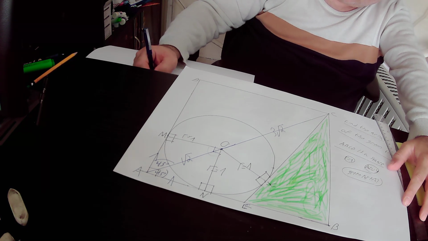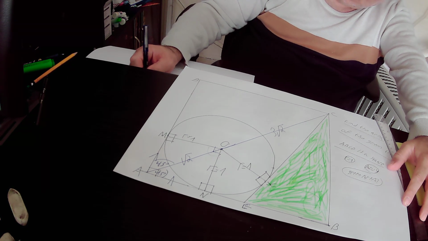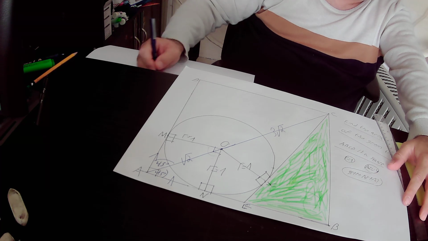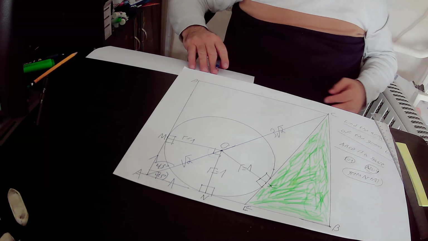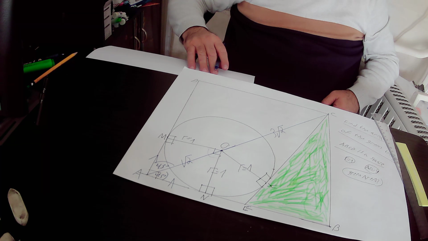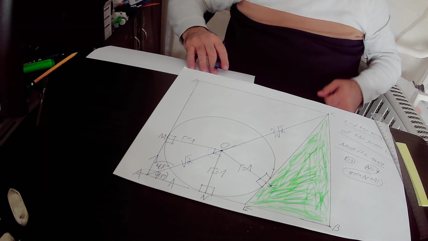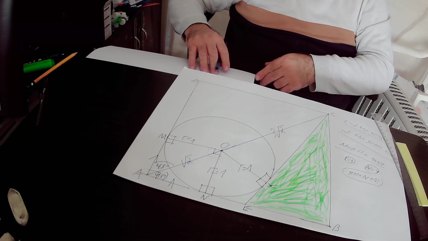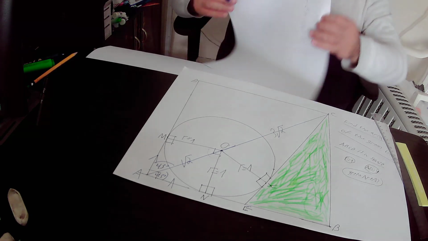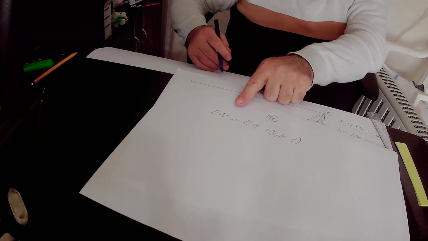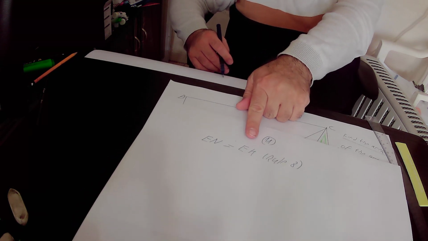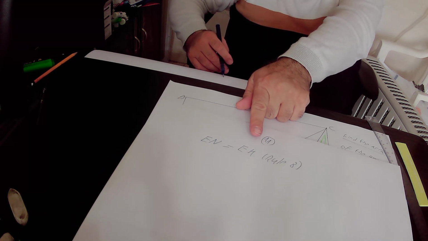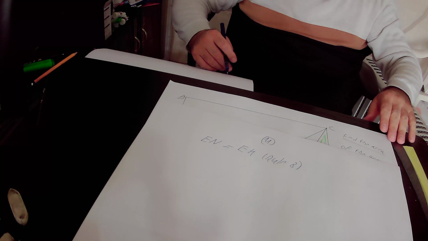And according to rule number 8, whenever you draw two tangents from a common external point of a circle to that circle, then the lengths of those two tangents will be equal to each other. That is to say, EN equals EK according to rule number 8. Okay?